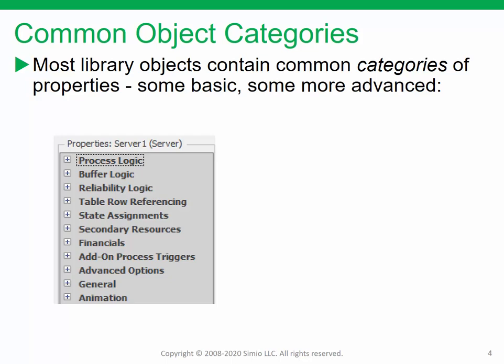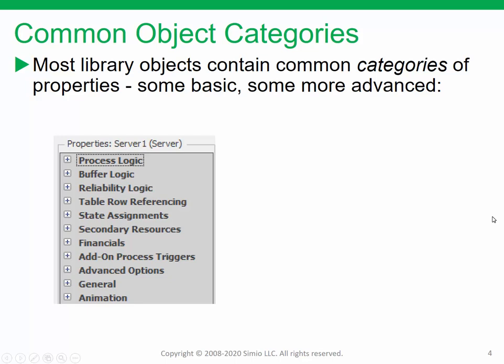As we've seen in previous videos, when we build Simio models, we take objects from the library and we modify the object properties to customize their behavior. As shown in this picture, we have different property categories: process logic, buffer logic, reliability logic, and so on. The little plus sign means we can expand those.